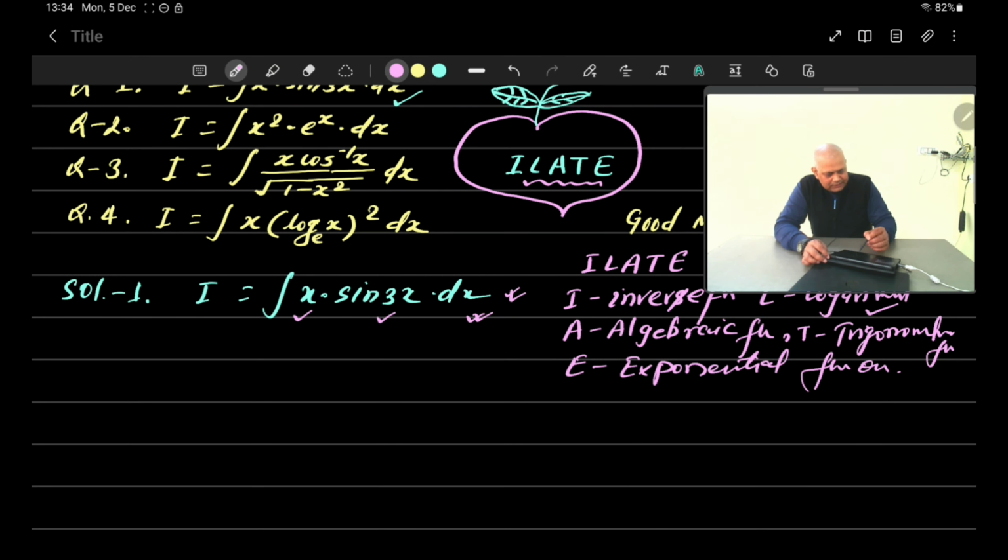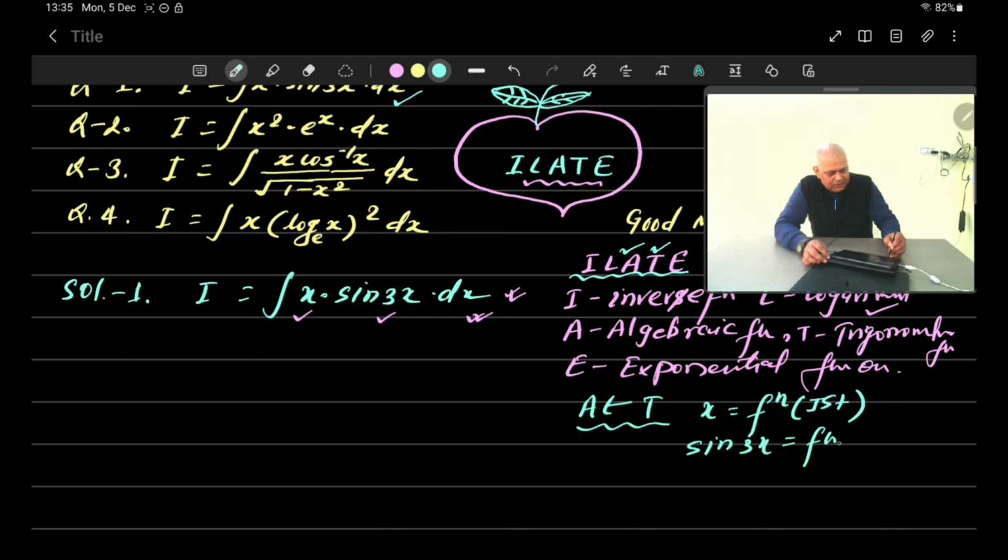In the case of ILATE, algebra comes before trigonometry, and you have to follow this order, because the letter A comes before the letter T. So my dear friends, you have to consider x as your first function and sine 3x as a second function.